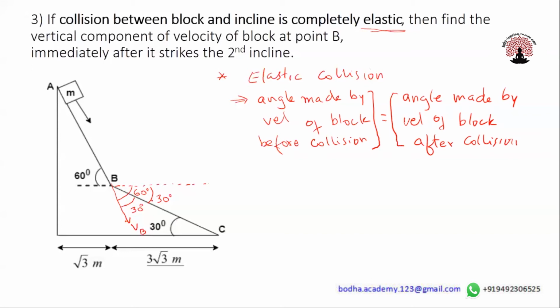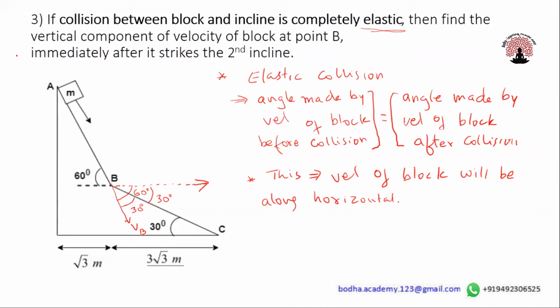So after collision again it is 30 degrees. That is, the final velocity will be in this direction. So this implies the velocity of the block will be horizontal.